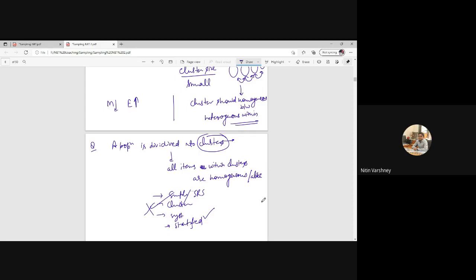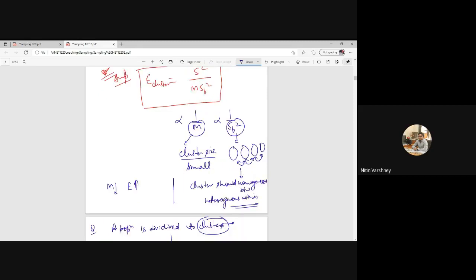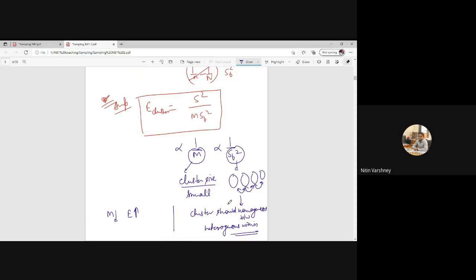So the efficiency of cluster sampling, you understand, is S square upon m SB square. So cluster size should be less, and within clusters heterogeneity should be there, and between clusters homogeneity should be there, to get more efficiency. But the nature of clusters is just the opposite: clusters are homogeneous, but they should actually be heterogeneous.